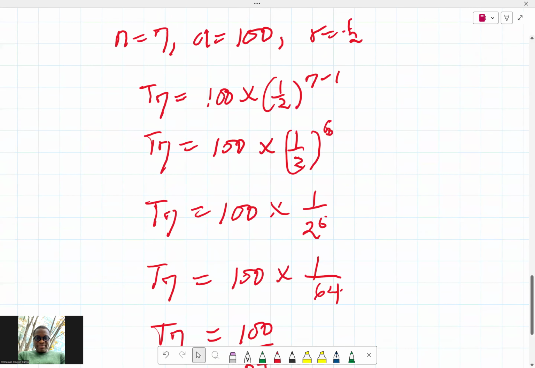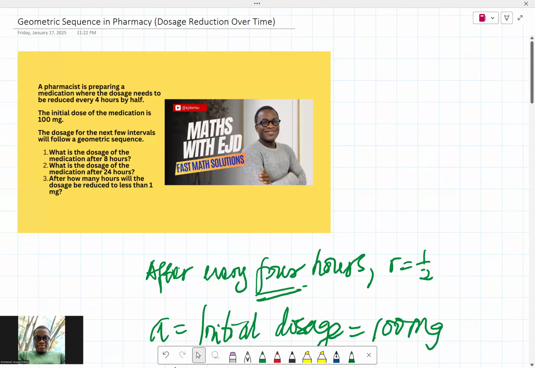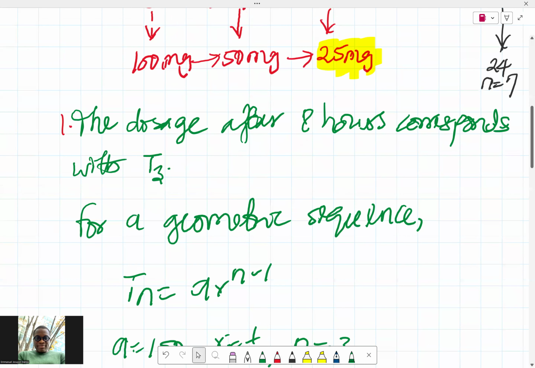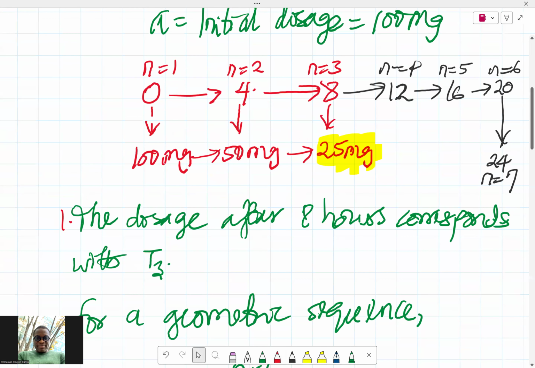Now we have the final showdown, which says to find after how many hours the dosage will be reduced to less than 1 milligram. So after how many hours will the dosage be reduced to less than 1 milligram?